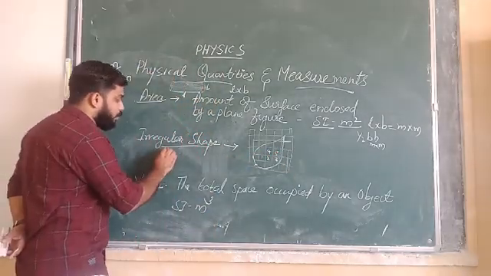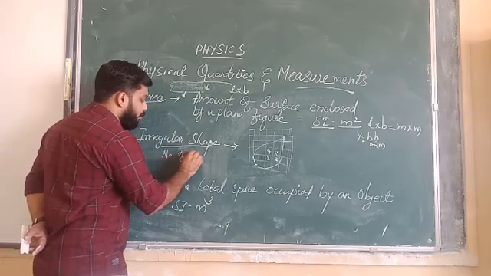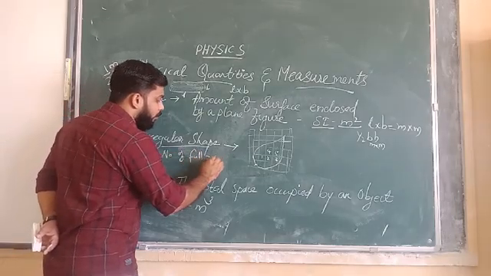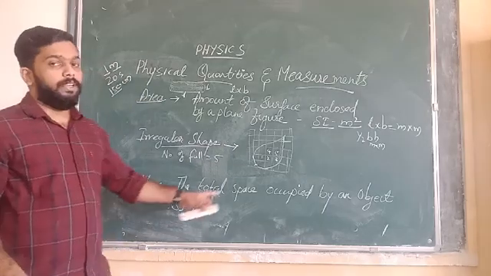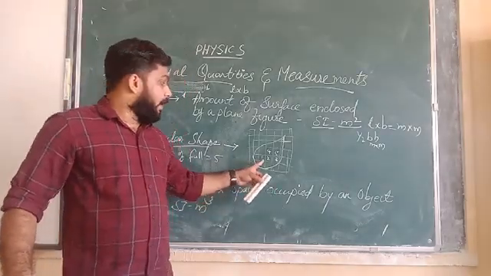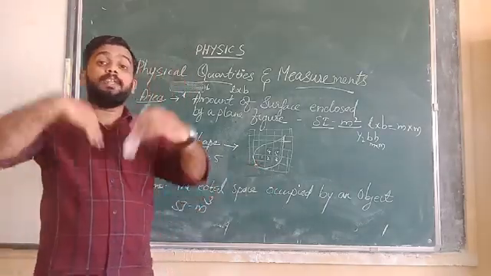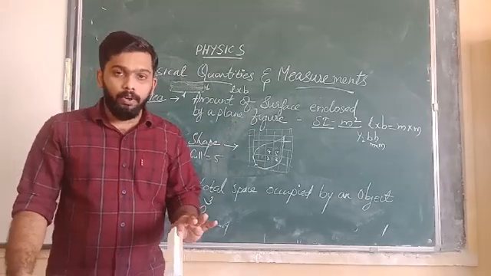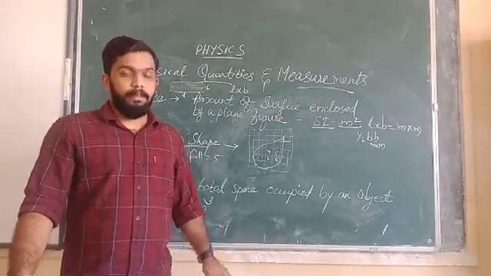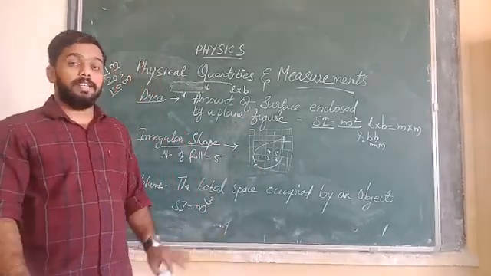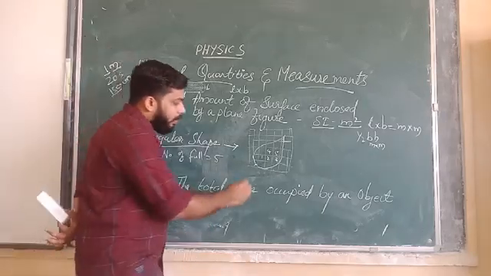So the number of full squares will be 5. Now the next step: we consider the squares which are more than half, almost 70 to 75 percent. That we will consider as a full square. So how many are there?